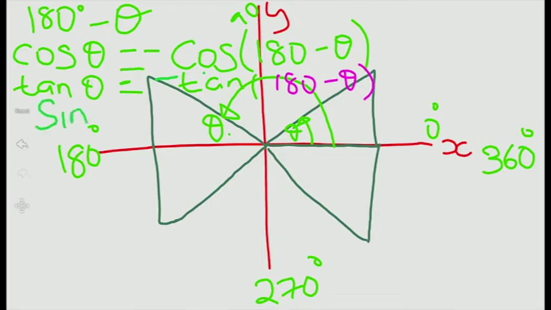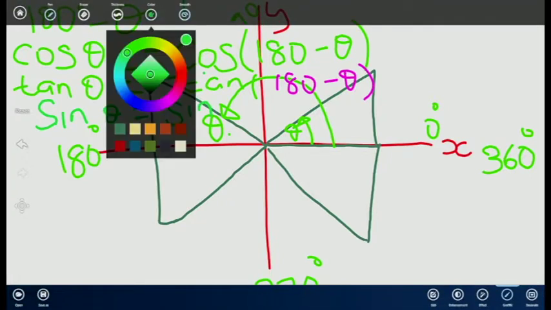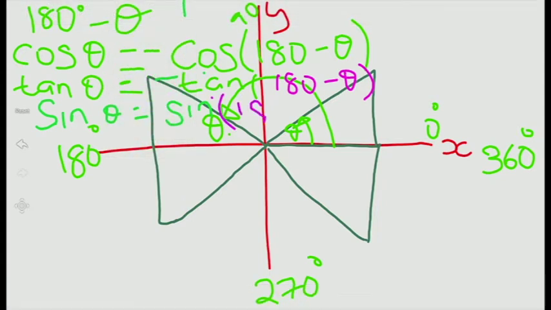The sine of theta is equal to the sine of theta in the first quadrant. So we have the sine of theta equal to the sine of 180 minus theta. But we are in the first quadrant, which is positive sine, and the second quadrant is positive sine. So we are all fine.